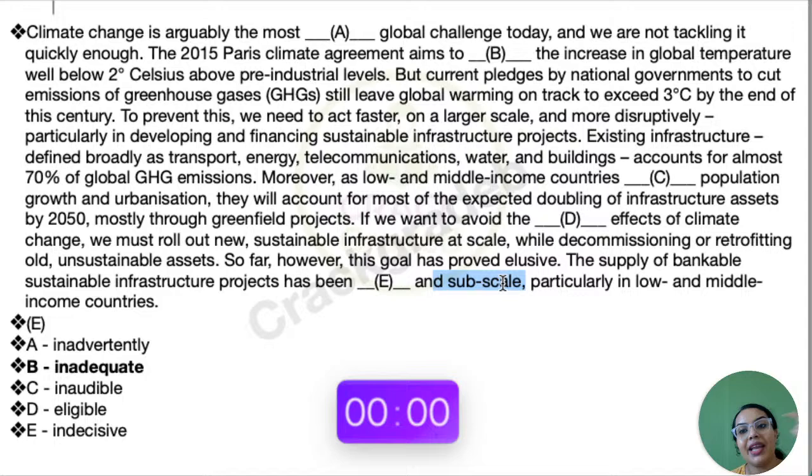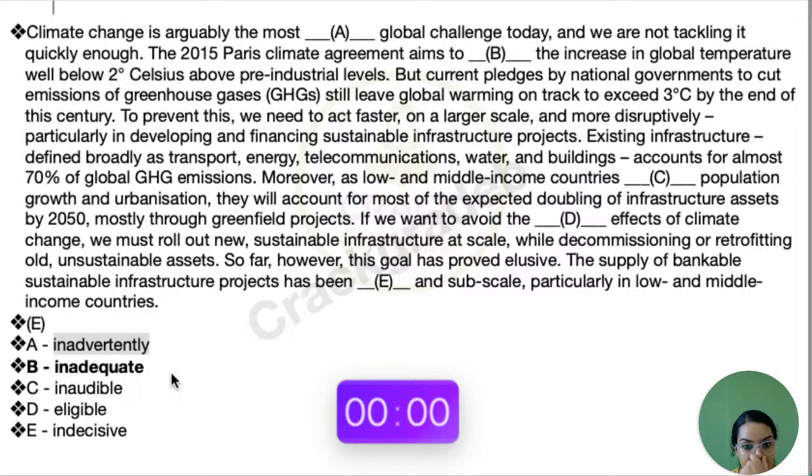After and, you are again getting a word which is an average word. It is not something very positive or very negative. So inadequate. Okay, inadvertently, anything that happens inadvertently, first of all the word is an adverb. You can see subscale here is an adjective. I cannot use it. Inadvertently means by accident, something accidentally taking place.